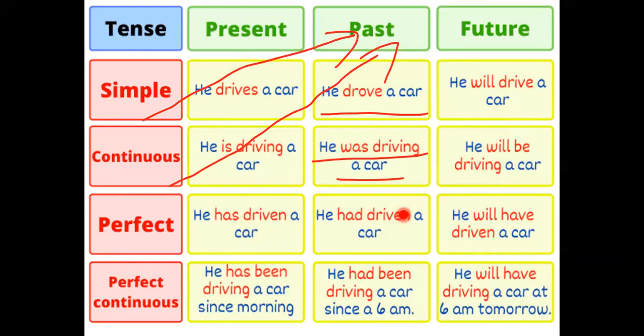Now, next we have to see past perfect tense. So what is past perfect tense? He had driven a car. What is the thing we are adding over here? Had, and the V3 form, driven.